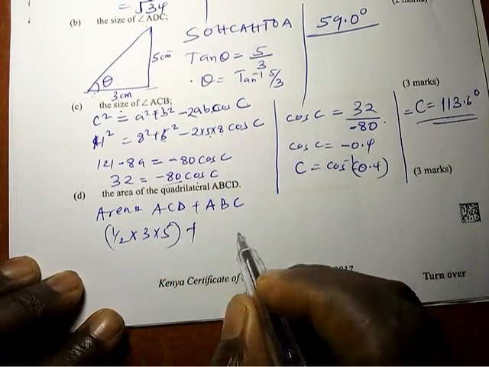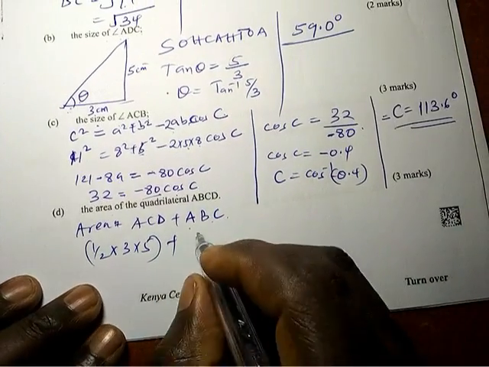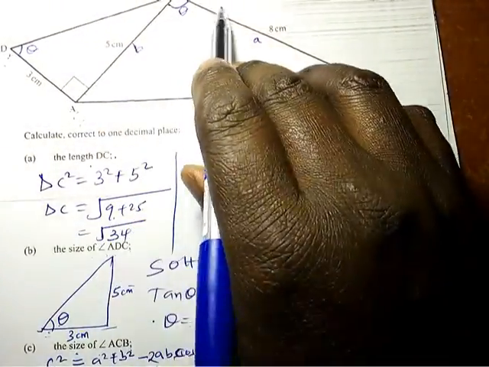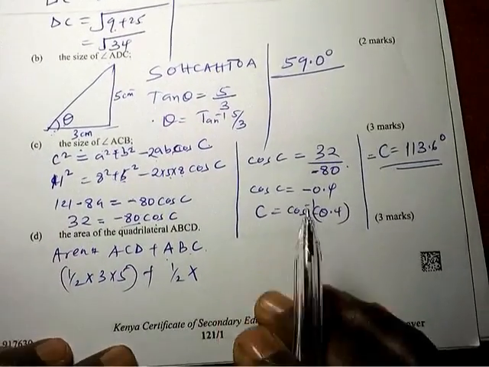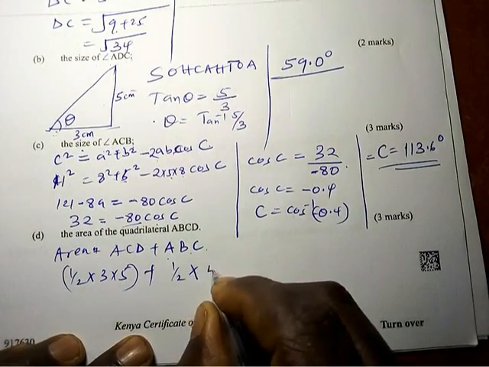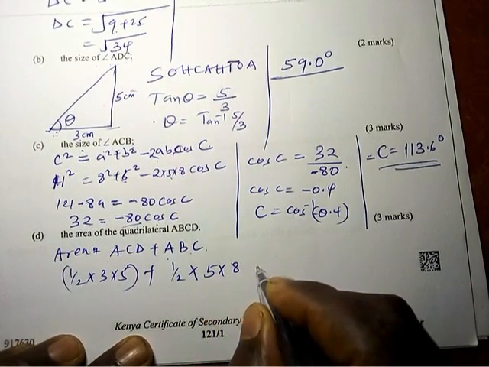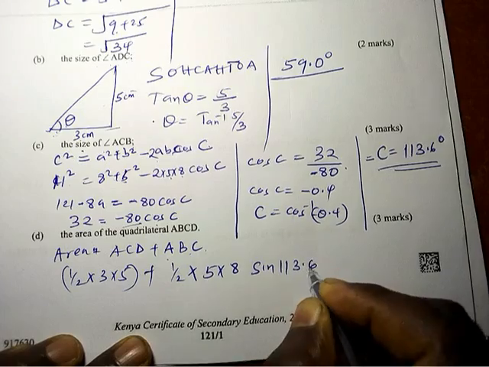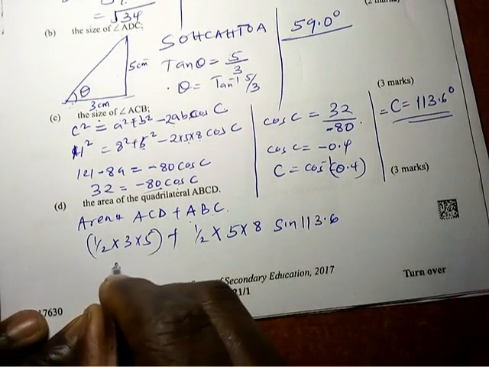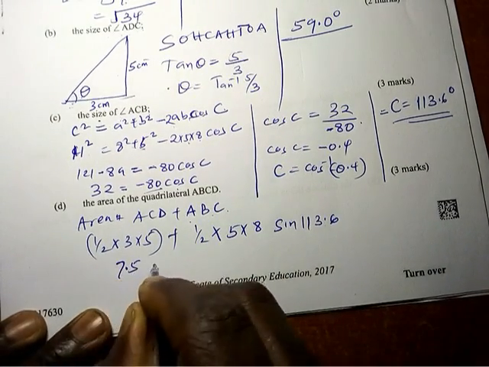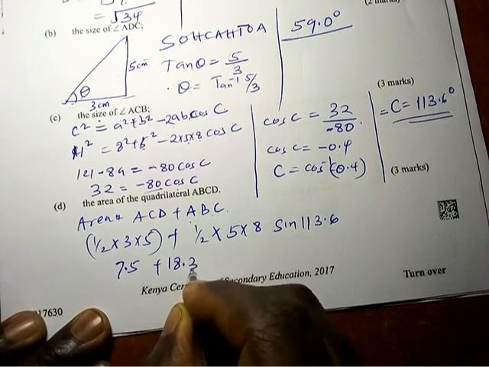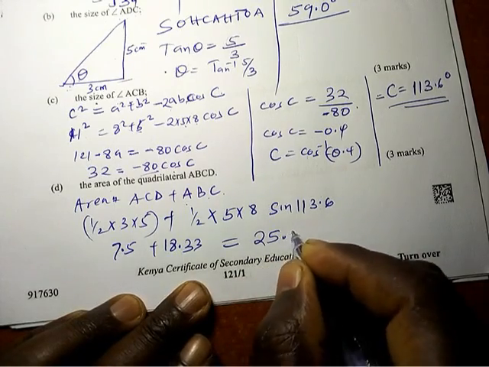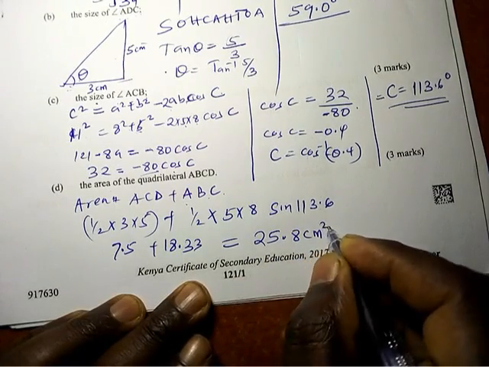Then plus ABC, we will use a half times the side 5 times another side times the angle we have, times 5 times 8 sine 113.6. This is 7.5 plus 18.3. The answer is going to be 25.8 centimeters square.